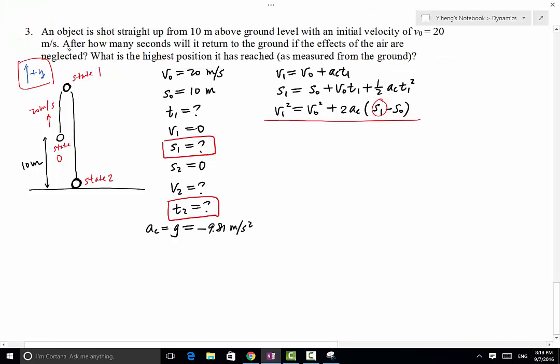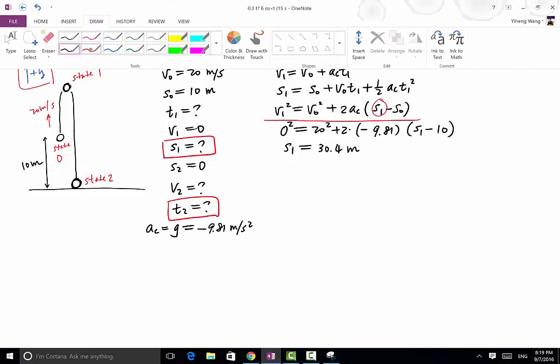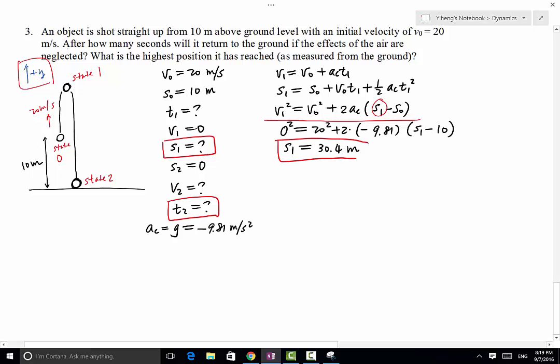The next thing to do is simply plug in the information. v1 is 0, so 0 squared is still 0. v0 is 20, raised to the second power, plus 2 times negative 9.81 times S1, our unknown, minus S0, which is 10. After we have done that, we realize that there's really only one unknown and that it can be easily solved from the equation, and that is 30.4 meters. So that's the answer for the first half of this problem.